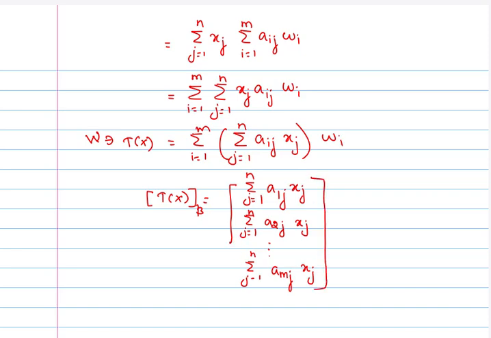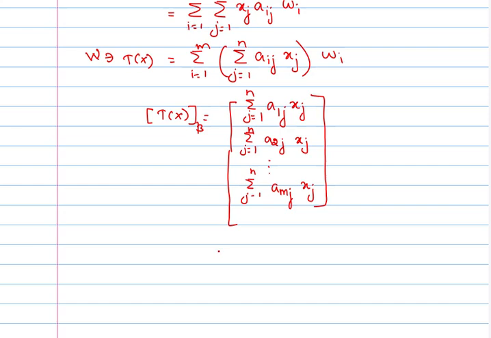This is the coordinate vector of T(x) with respect to beta. This one I can represent very simply in terms of a matrix, correct? A11, A12 and so on, A1n. Similarly A21, A22 and so on, A2n.